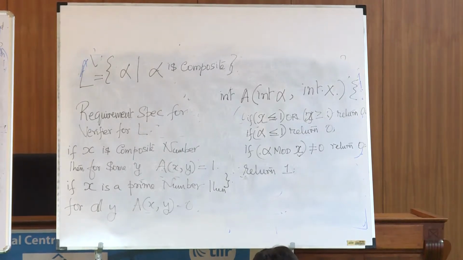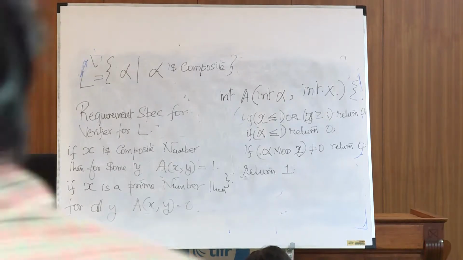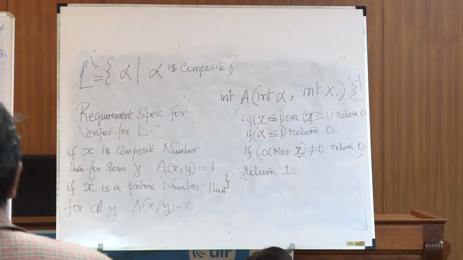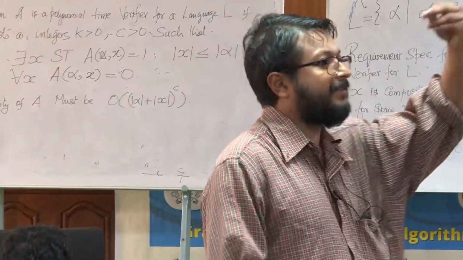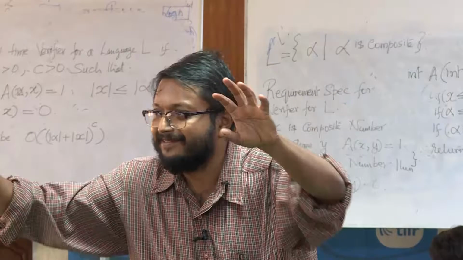That's all. So time complexity is order of n raised to c means the algorithm's time complexity divided by n raised to c must be bounded. Time complexity of an algorithm is polynomial means there is a polynomial, say n raised to c, such that time complexity divided by n raised to c is bounded. That's all.